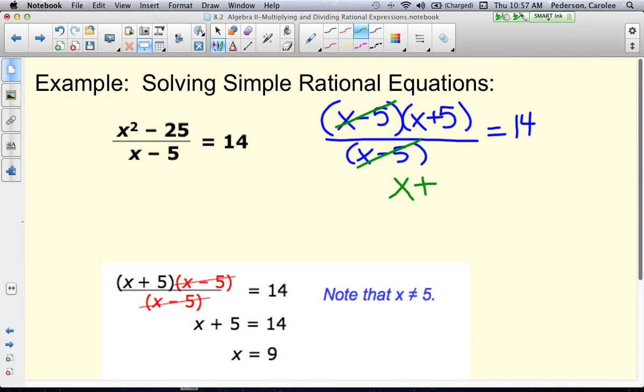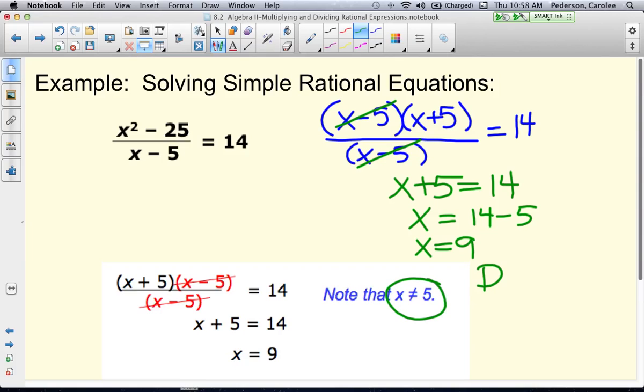So we're left with x plus 5 equals 14, and now we solve by undoing. 14 minus 5 is 9. And then remember the domain restriction, the DR is x cannot be 5. The reason why, if I substitute 5 into there, it would make it undefined. It would make it 0.